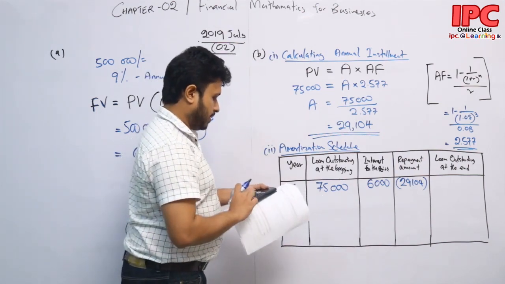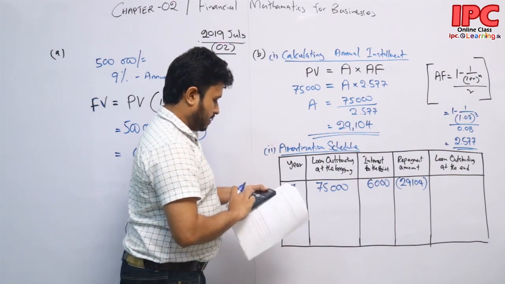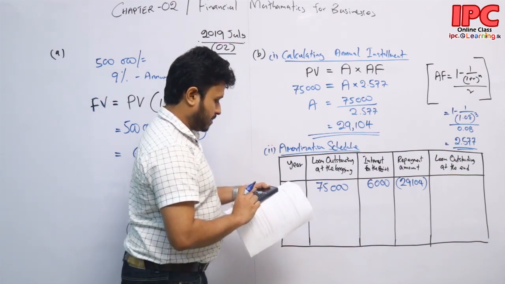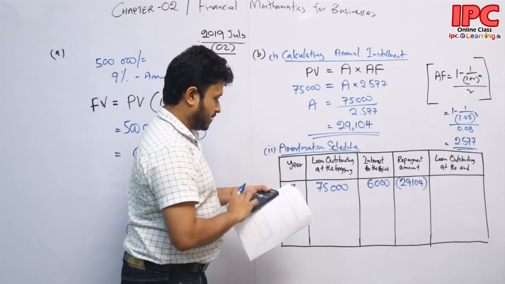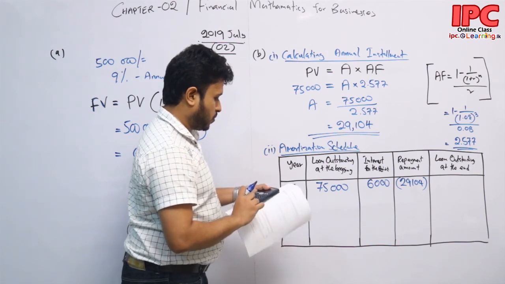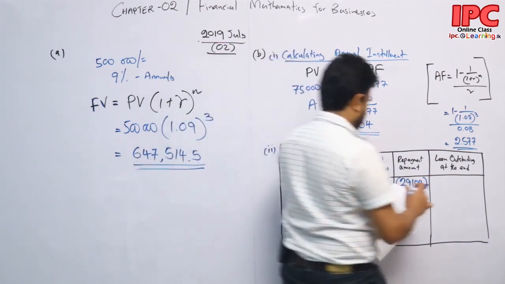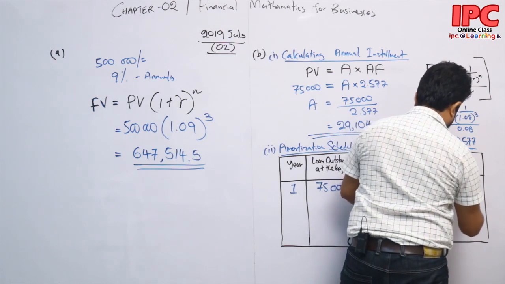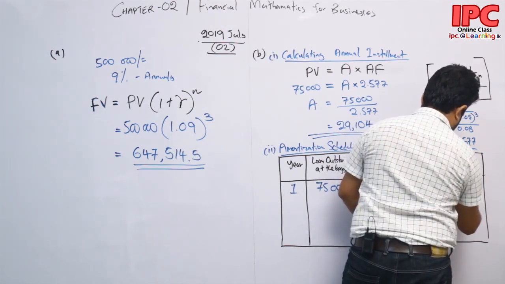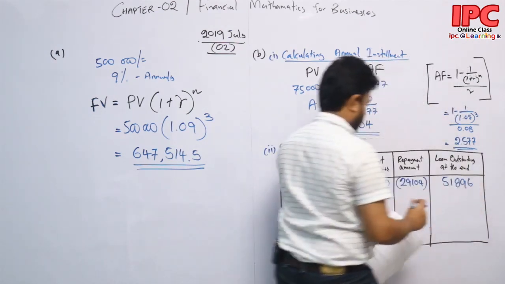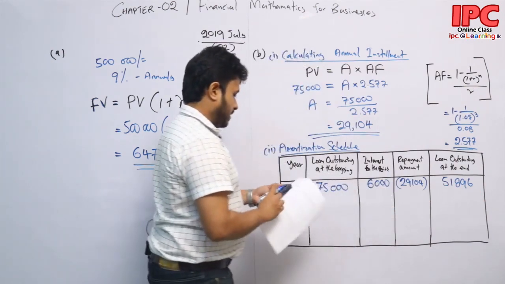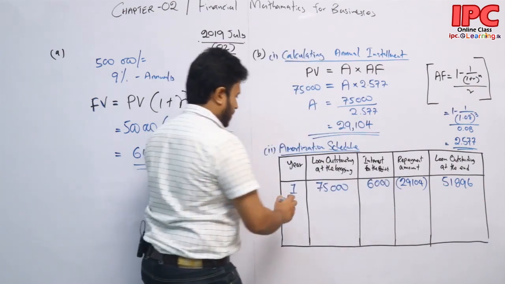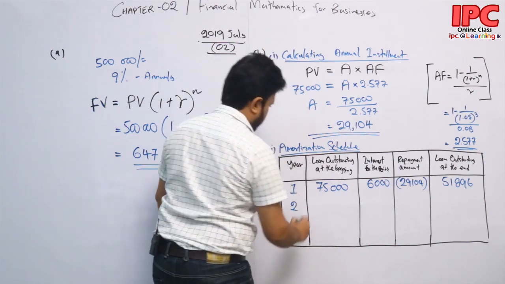So what is the end result? 75,000 plus 6,000 minus 29,104. It is 51,896. So we are coming to year 2.